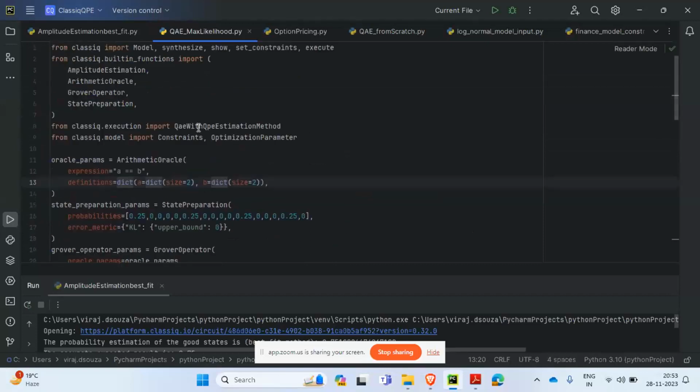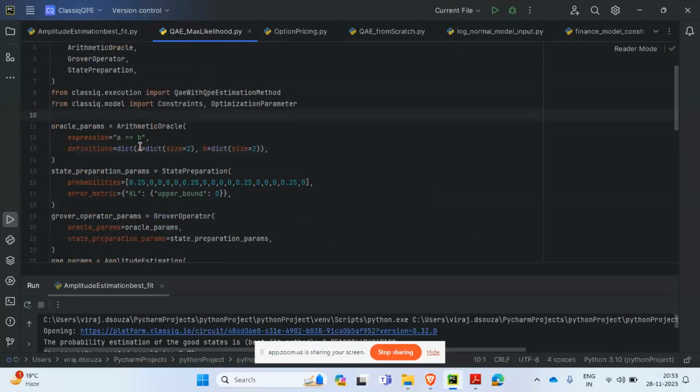So this is the quantum amplitude estimation code. Here we are interested in the amplitudes of the good states. The good states here are those for which this expression is satisfied. The A register has 2 qubits, the B register has 2 qubits, and all those states for which A is equal to B are my good states, and I'm interested in the amplitudes of those states.